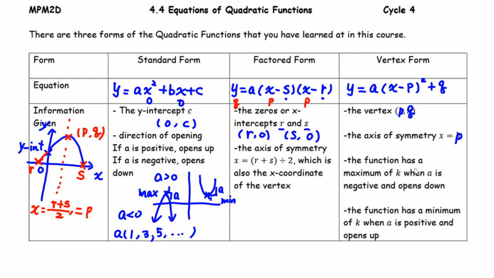The function has a maximum, the q value, which is the y coordinate, when the a value is negative and opens down. And if a is positive, then the parabola will have a minimum value at the vertex. It's the y coordinate of your vertex.